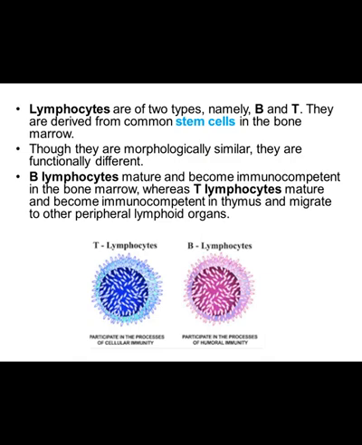B lymphocytes mature and become immunocompetent in the bone marrow, whereas the T lymphocytes mature and become immunocompetent in the thymus and migrate to other peripheral lymphoid organs.